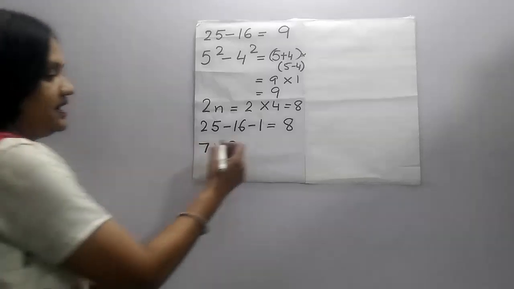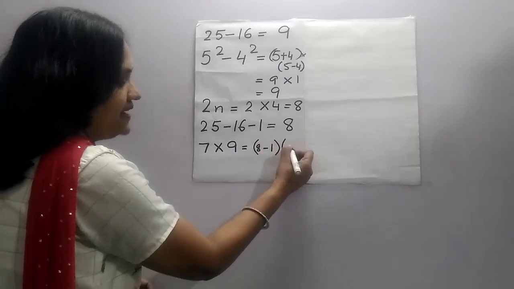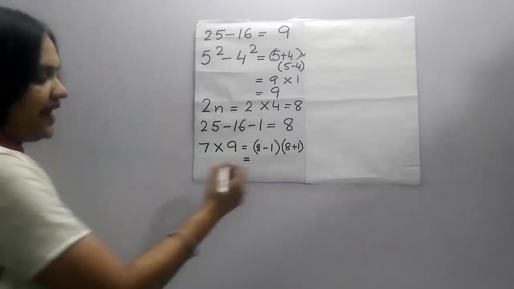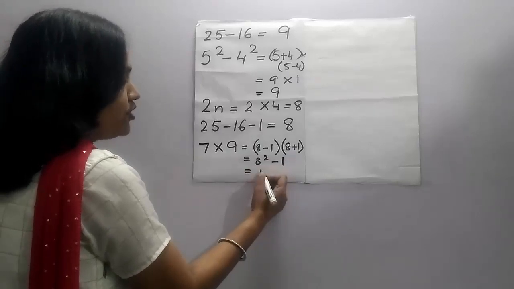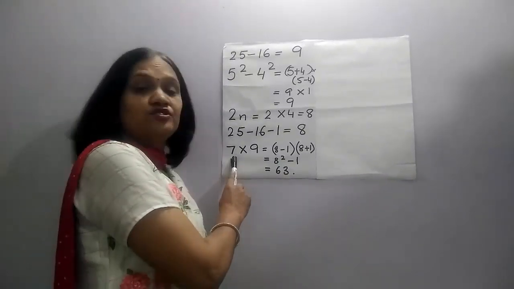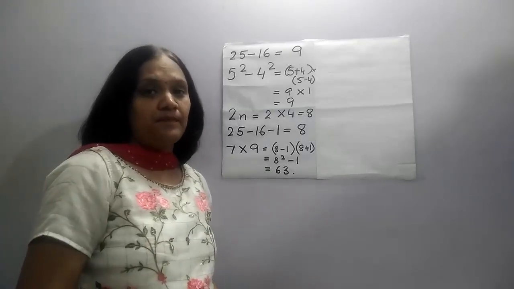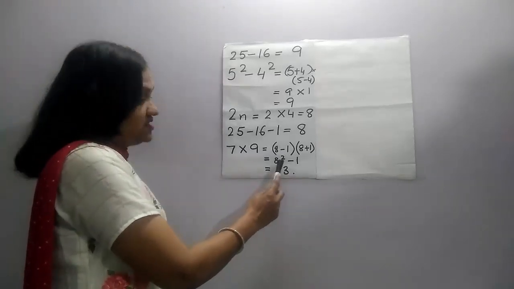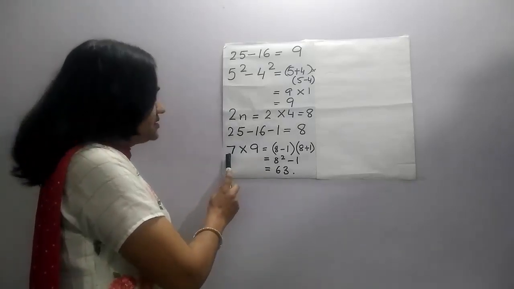So 7 into 9 can be written as 8 minus 1 and 8 plus 1, which is 8 square minus 1 square, which is 64 minus 1, which is 63. The product of two odd numbers or two even numbers which are natural is 1 less than the square of the natural number which is in between the given natural numbers.